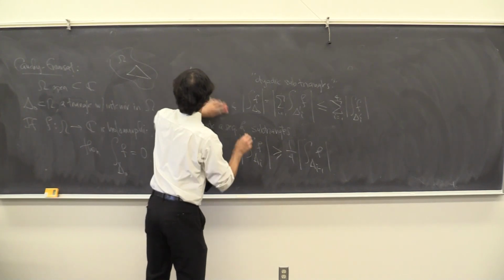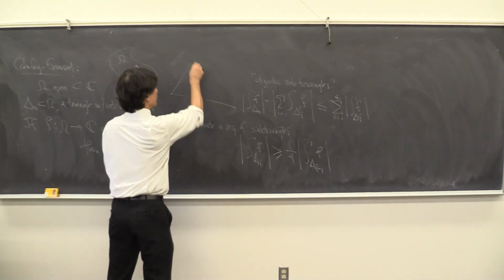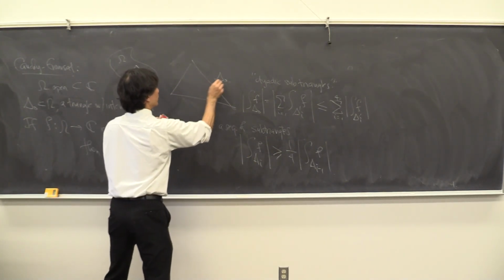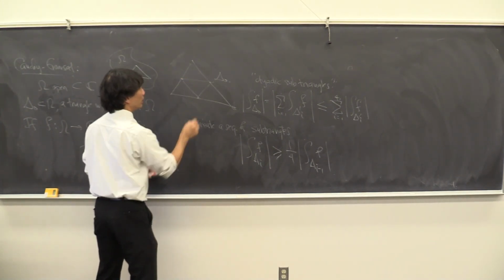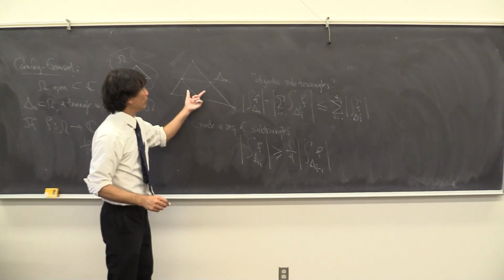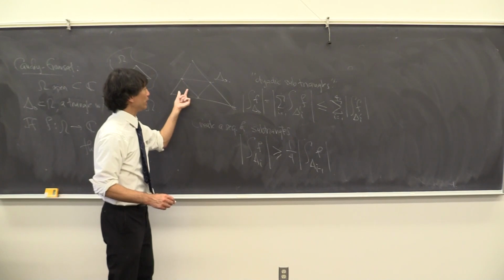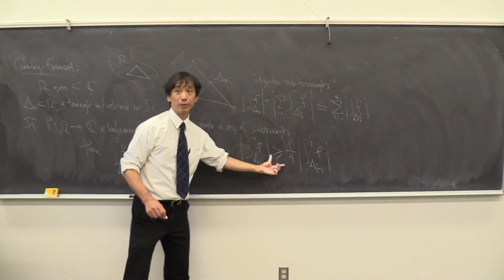So here's what we're going to do. You start off with your delta naught. You do the dyadic subdivision. At least one of these child triangles has to have this condition true.